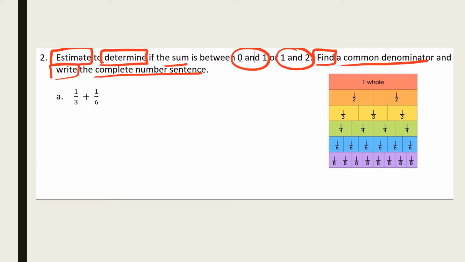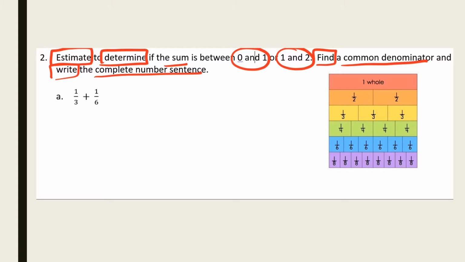So there's a few things we have to do with this problem, but before we even begin, we're going to estimate. This is going to help us decide if the answer we get in the end makes sense. So we have to look at these fractions, 1/3 and 1/6, and determine if I add those two pieces together, will my final answer be between 0 and 1 whole, or between 1 whole and 2 wholes?